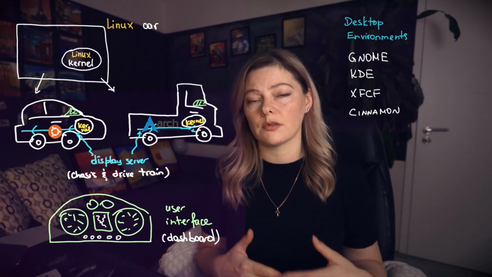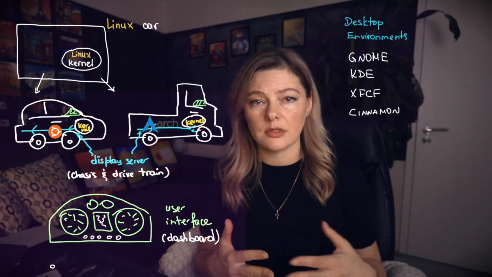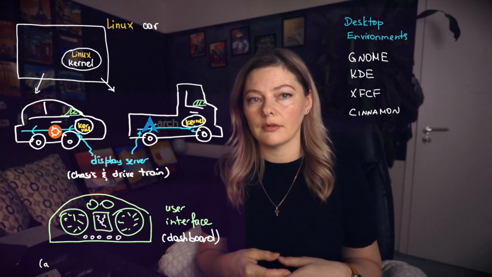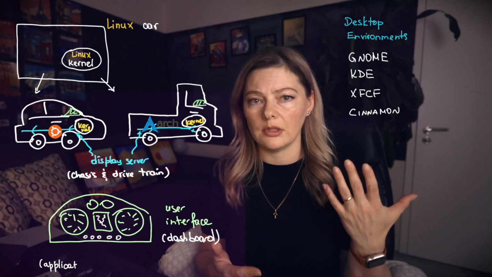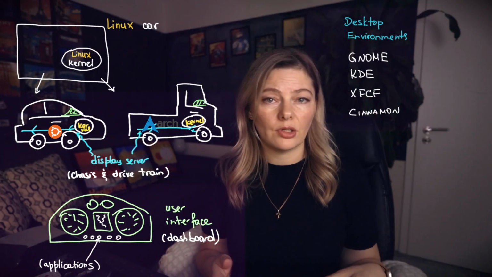These are the end-user programs like web browser, office suites, media player, games, and many others. And in the car analogy, these will be the accessories like GPS, radio, air conditioning, and so on. But it's worth saying that the lines between these categories can sometimes blur. They're not as rigid. But for now, let's not overcomplicate things. In the remaining 2 videos, we will take a look at the other 3 components of every Linux operating system.